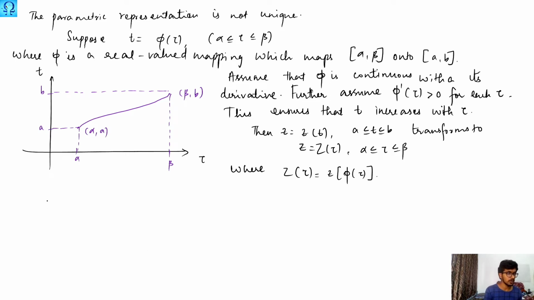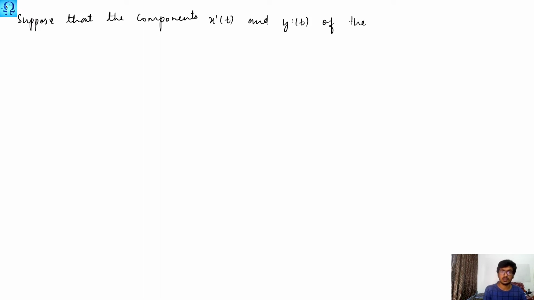Further we suppose, and this is another topic, like we are entering into another set of discussions, that the components x prime evaluated at t and y prime evaluated at t come from the derivative, that is z prime of t equals x prime of t plus iota times y prime of t.